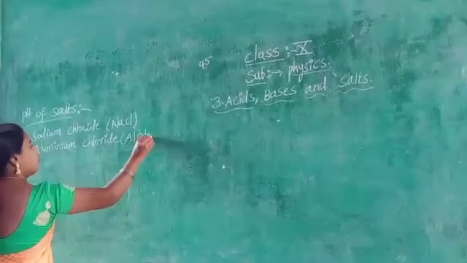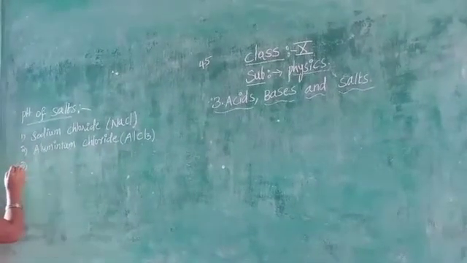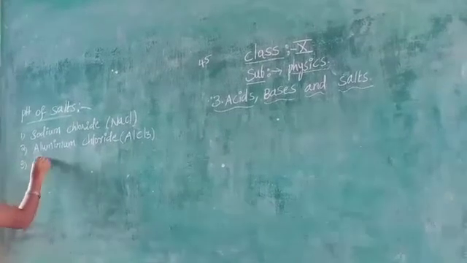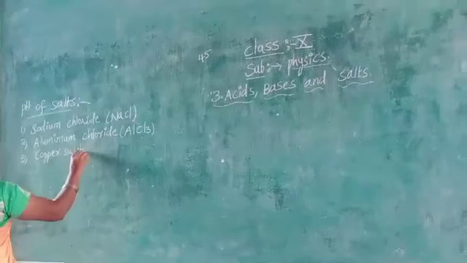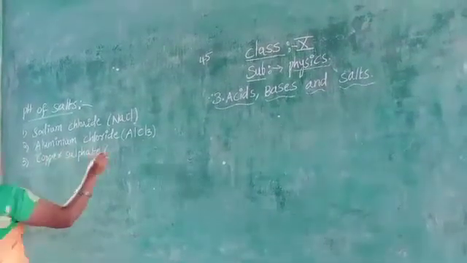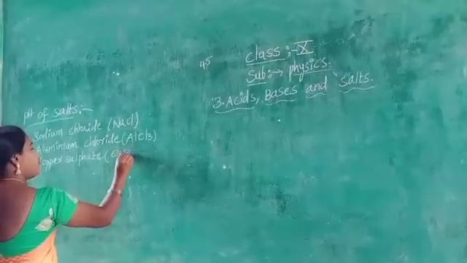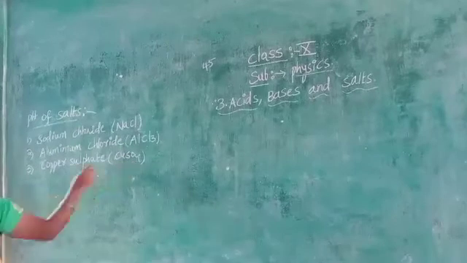AlCl3. Next chemical, copper sulfate. What is the formula of copper sulfate? CuSO4. Cu means copper, SO4 means sulfate.